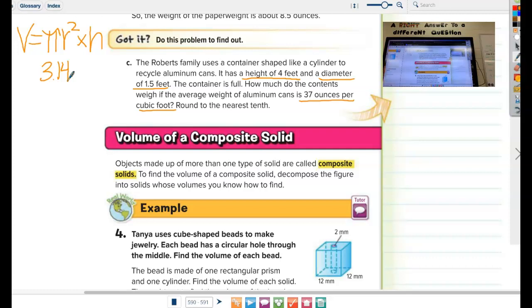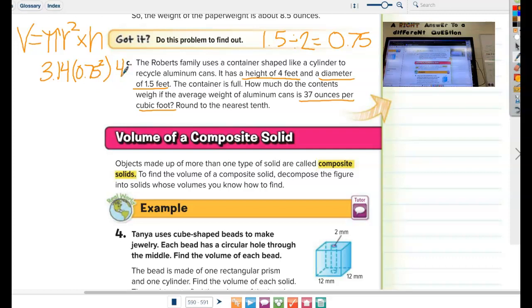So I would take 1.5, I'm going to write it over here, 1.5, and divide by 2 to figure out my radius. And that's 75 hundredths. So times 75 hundredths squared times the height of the can, which is 4 feet.